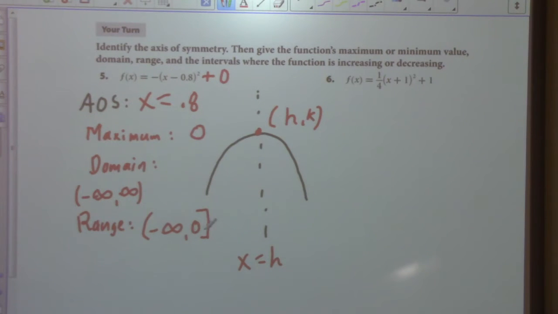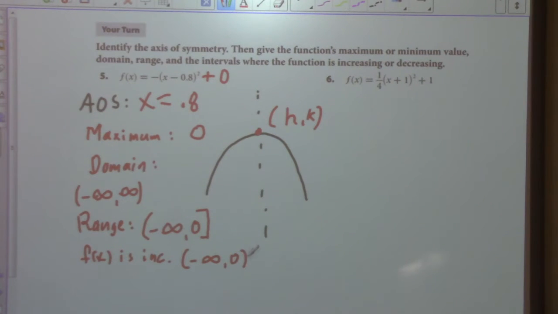Intervals where the function is increasing, so we'll say f of x is increasing on what intervals? So negative infinity to 0, you say, is that right, Chloe? Well, it's sort of debatable if it's brackets.